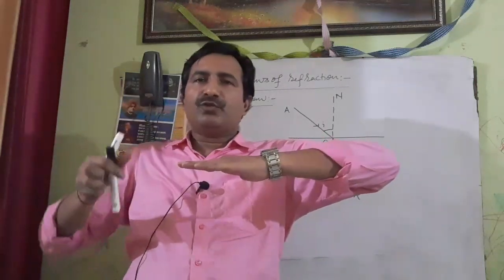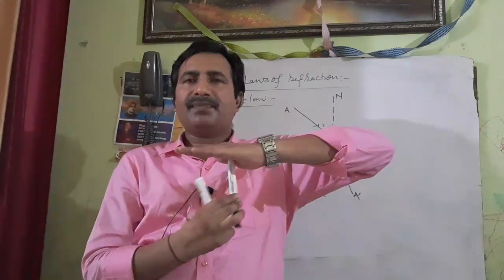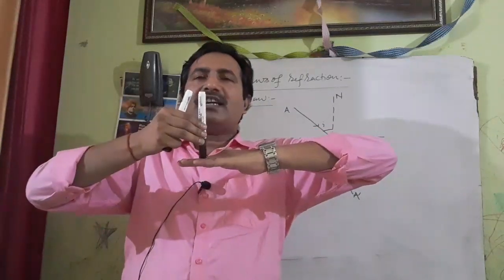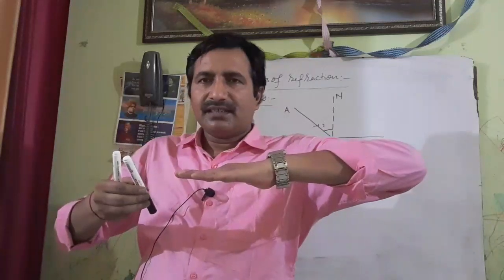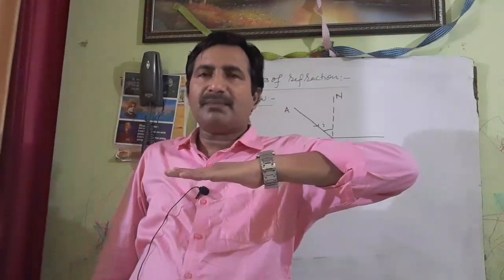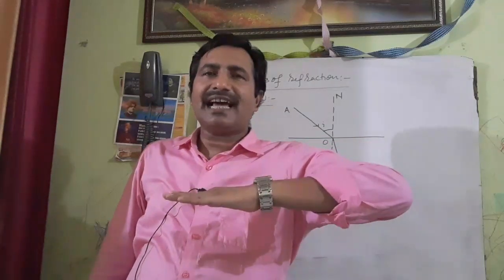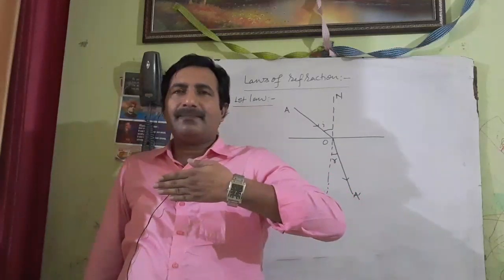So you see, the incident ray, refracted ray and normal all lie in which plane? In this plane, not in this plane. Is it clear? There is a confusion among the children that this is the plane in which they lie. No, this is a wrong concept. This is the plane in which they lie.